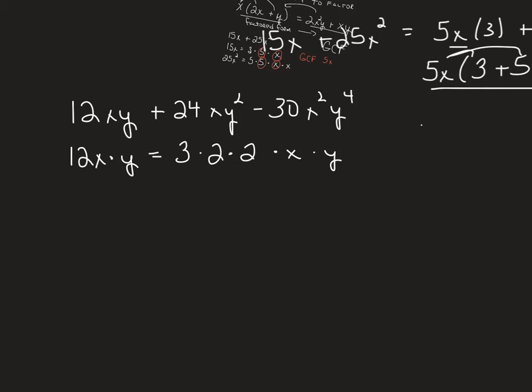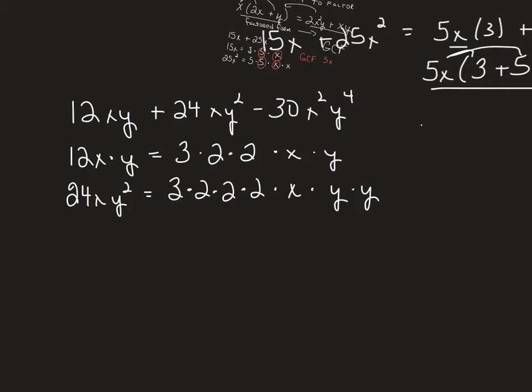24 is 2 times 12, so we have 24xy squared. So I've already got 12 done, 3 times 2 times 2, and one more 2, or 8 times 3 is 24, times x times y times y.